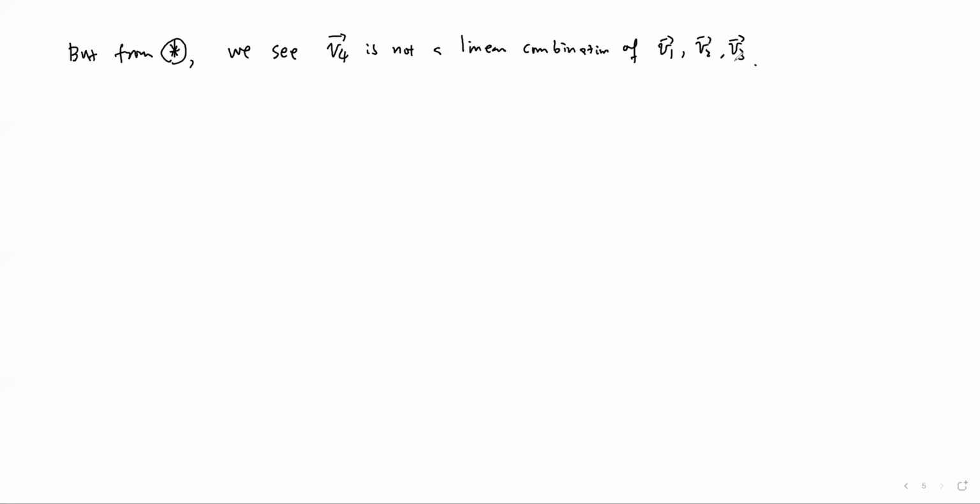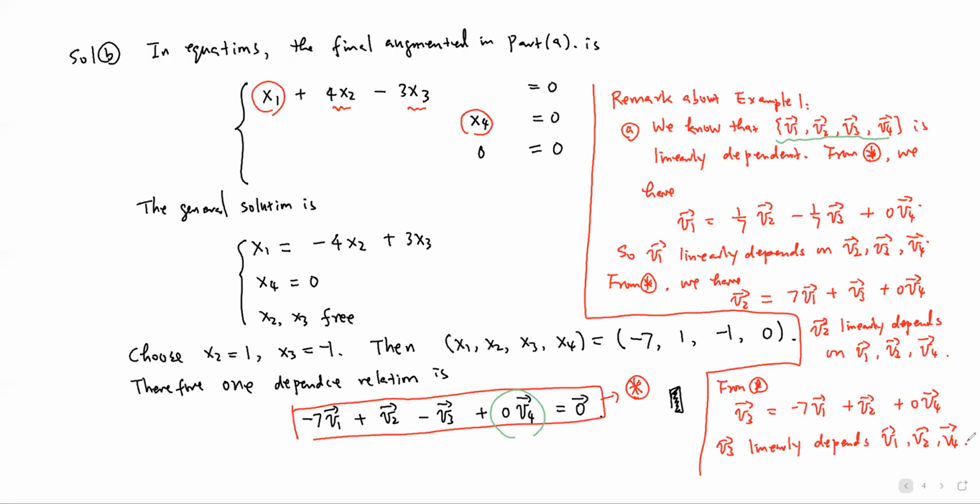Recall that the linear system has infinitely many solutions. Here, the solution is just one of the infinitely many solutions. If you can pick some other solution where X4 is non-zero, then I can write V4 as a linear combination of V1, V2, and V3.